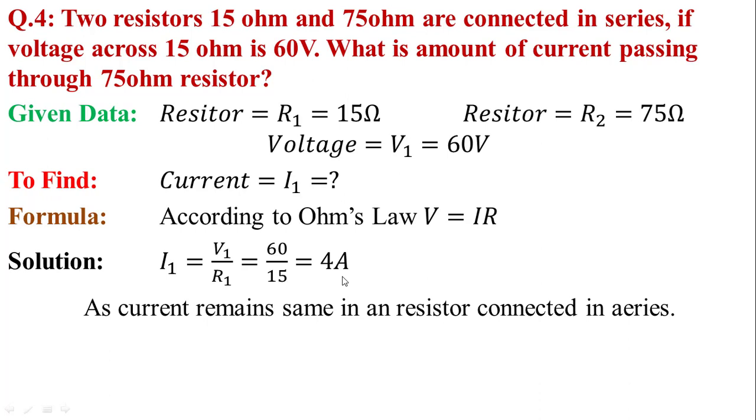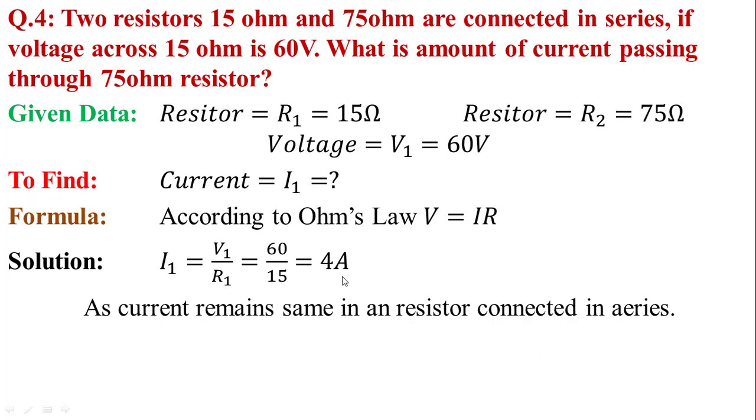Now we have to find the current in R2. Both resistors are connected in series. In a series connection, both resistors have the same current. So the current remains the same in R2 because both are connected in series.